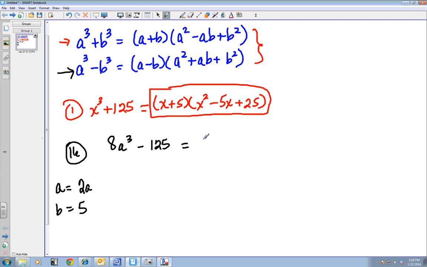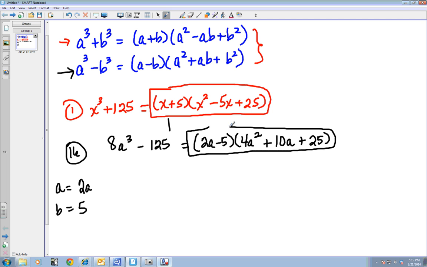So it's going to be a minus b, so 2a minus 5. Then it says a squared. So when I square 2a, 2a times 2a is 4a squared, plus a times b, so 5 times 2a is 10a, plus b squared, so 5 squared is 25. And that is my answer for number 16, but I changed it to the difference of cubes.